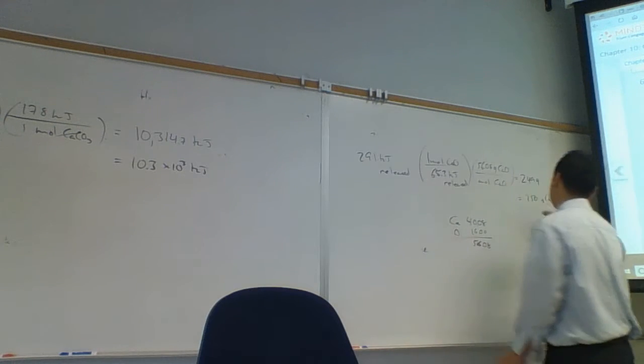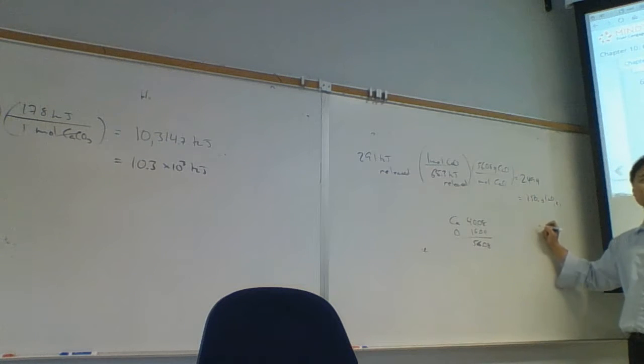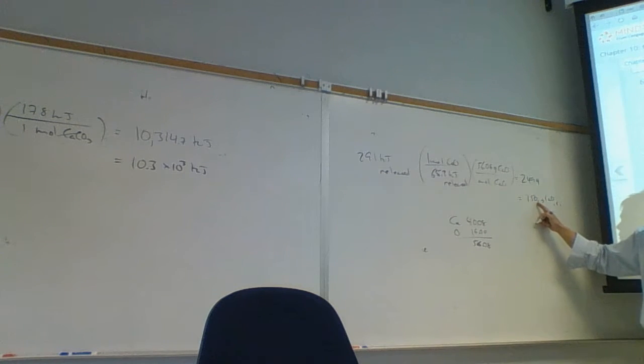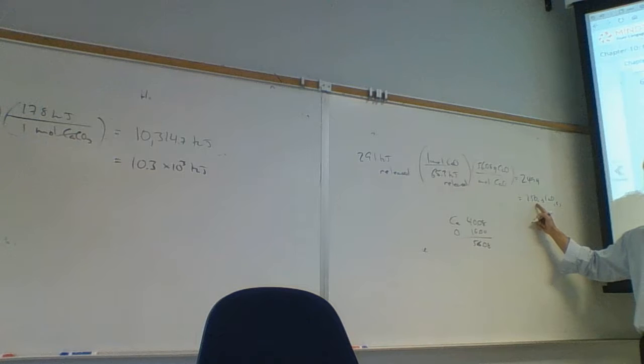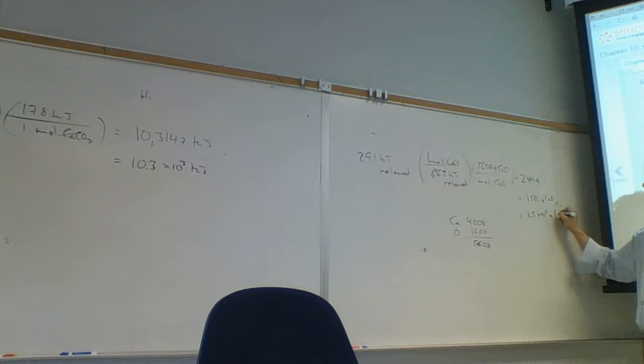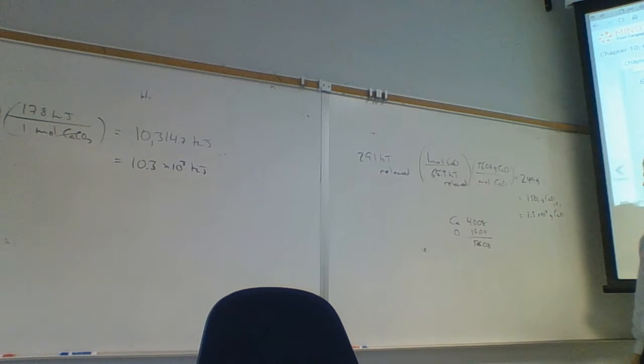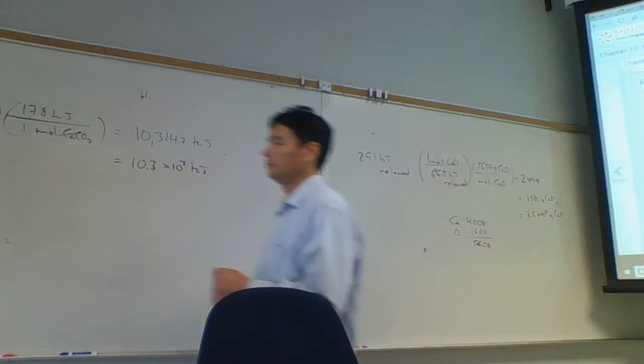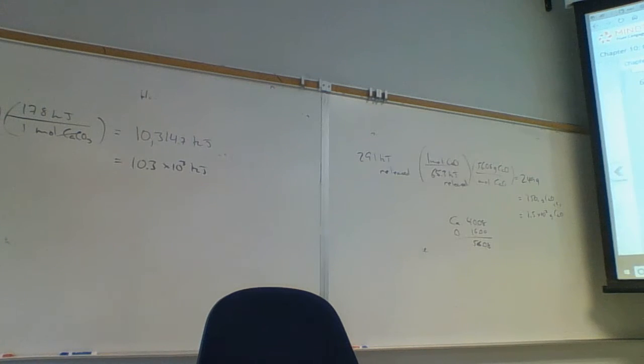For sig figs, you either put a decimal here, and that means any zero after a non-zero digit with a decimal point is significant, or we would do 2.5 times 10 squared grams. This is the way the book's going to do it here, the way you did it.